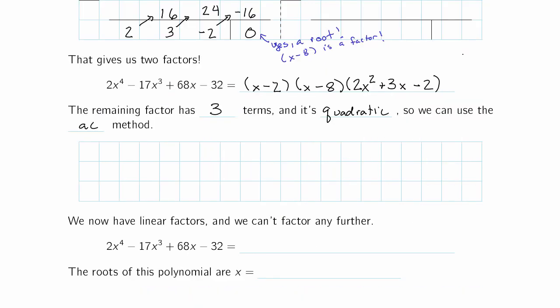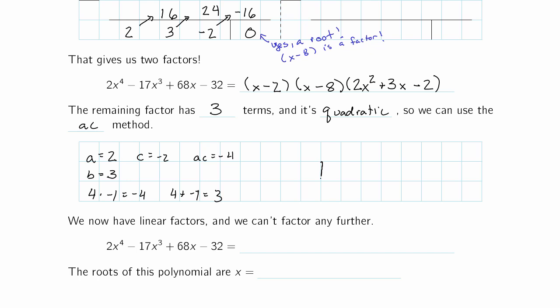So let's see. AC method. A is 2, C is negative 2, so AC is negative 4. We want 2 numbers that multiply to negative 4 and add up to positive 3. Oh, well, 4 times negative 1 is negative 4. 4 plus negative 1 is positive 3.